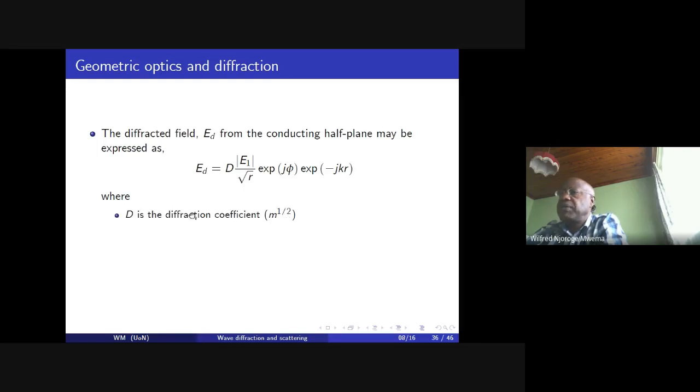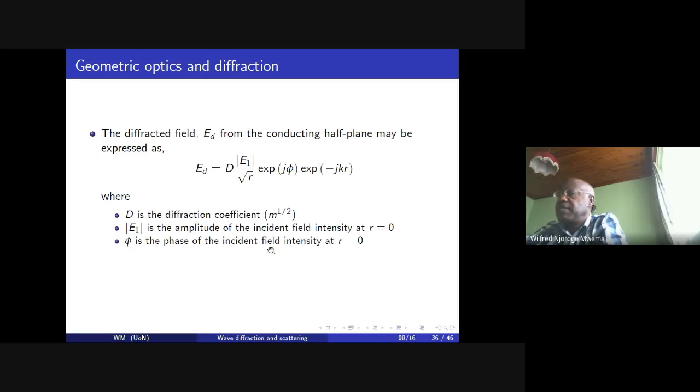So D will be called a diffraction coefficient, and it's usually given in meters per square root meter, or the square root of length. E1 is, of course, the amplitude of the incident wave field at the reference point. Phi is the phase of the incident field at that reference point, and R is the distance from the edge.